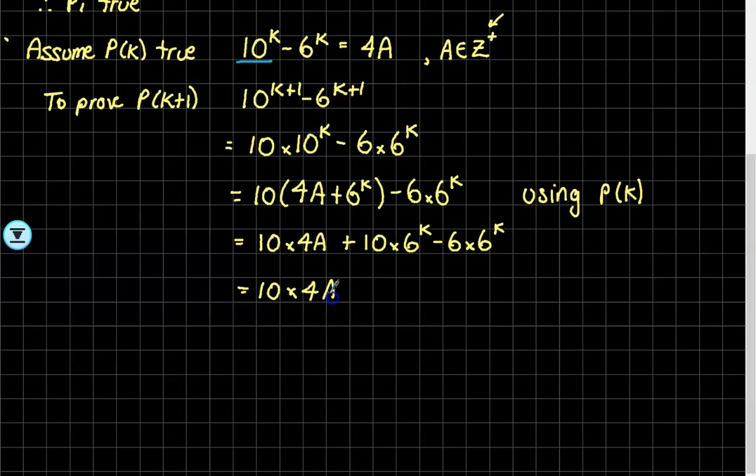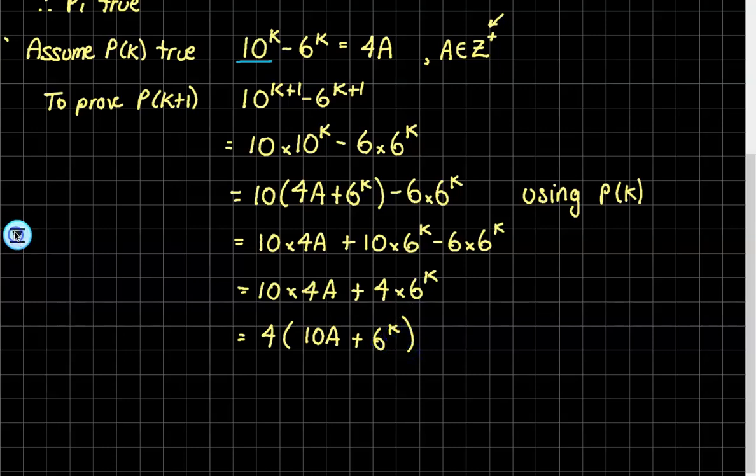All right, and we're getting very happy here because 10 lots of 6 to the k minus 6 lots of 6 to the k is, oh my goodness, 4 lots of 6 to the k. So I can now pull out my common factor of 4, 10a plus 6 to the k.